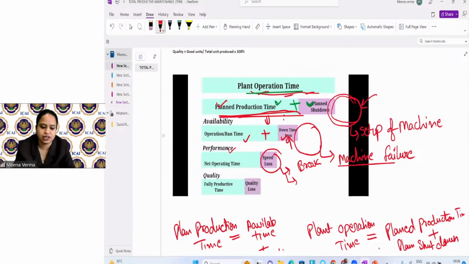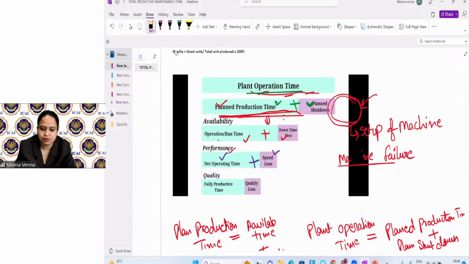Okay. But remember, availability is actually equal to the sum of these two values, net operating time and speed loss. If you add these two values, it will be equal to operation or runtime. Give me 1 minute, let me explain again.